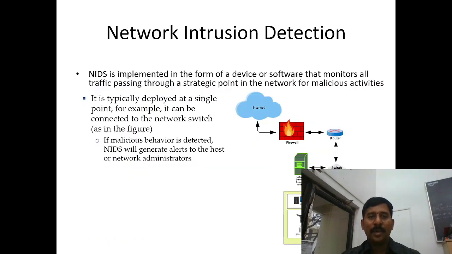So let us look into this NIDS. How is NIDS implemented? In the form of a device or software that monitors all traffic passing through a strategic point in the network for malicious activities. For example, it is typically deployed at a single point, such as connected to the network switch.